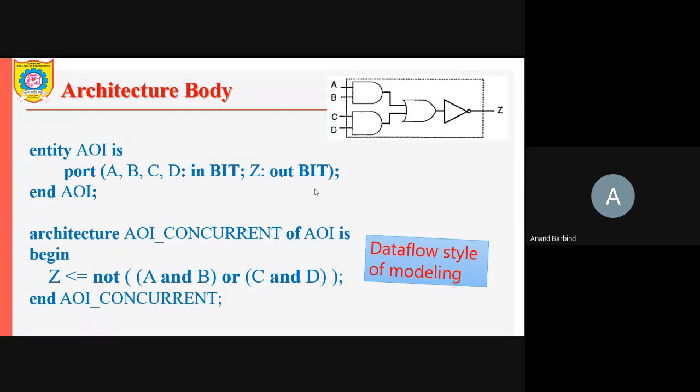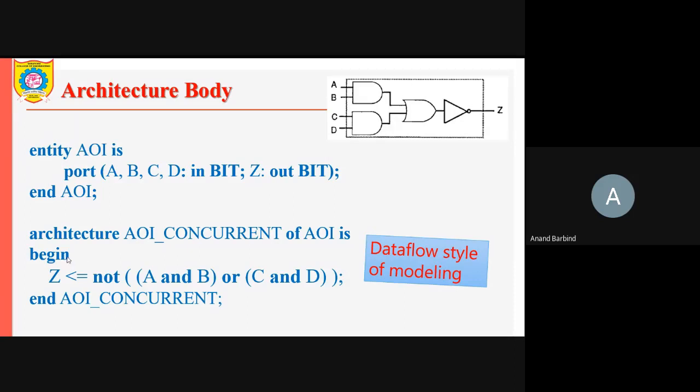For example, this signal you can write as X, the output of the first AND gate, and the output of the second AND gate as Y.